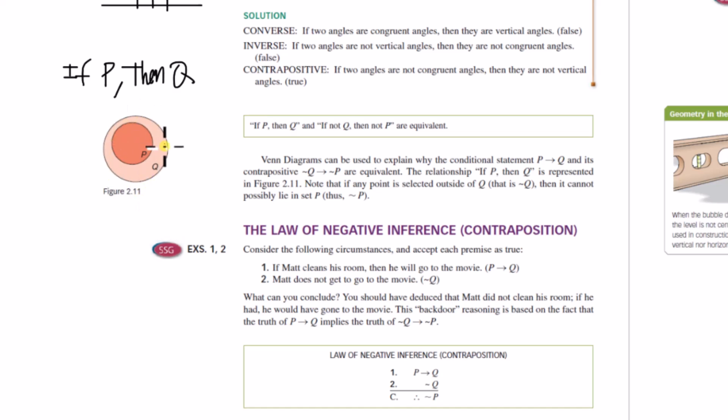Q means that you live in England, because every single location in all of London is within England. So P is entirely a subset of Q, but you can live other places in England and not live in London. So if you have a conditional statement that's true, then P is a subset of Q.